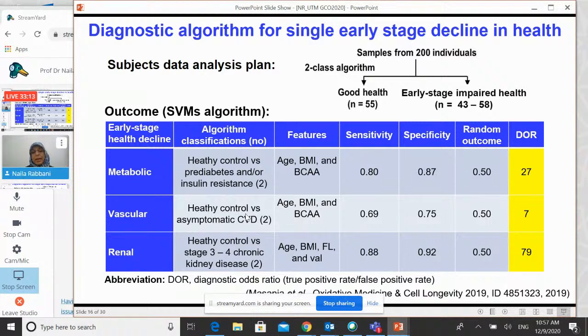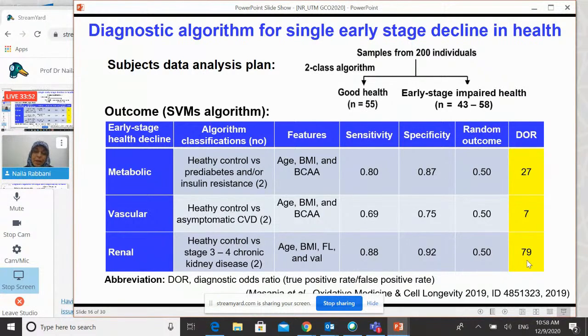For vascular, again, healthy control versus asymptomatic CVD, the same features gave the best algorithm with a diagnostic odds ratio of 7. And for renal categories, healthy versus stage 3 to 4 chronic kidney disease, we found that age, BMI, fructosylcysteine lysine, and valine, which is one of the branched-chain amino acids, gave the best features, and sensitivity was 88%, specificity was 92%, and the diagnostic odds ratio is 79.